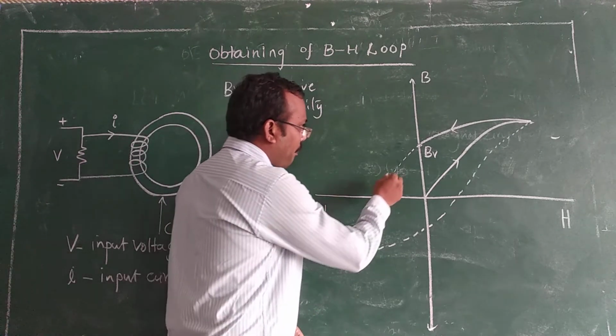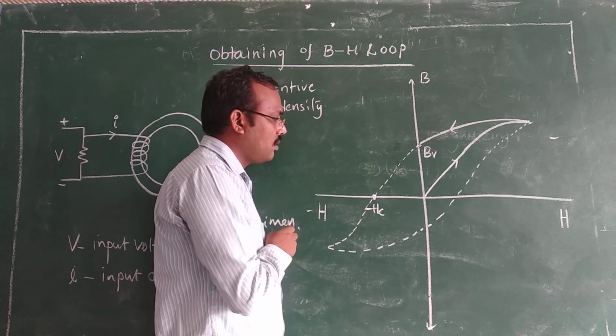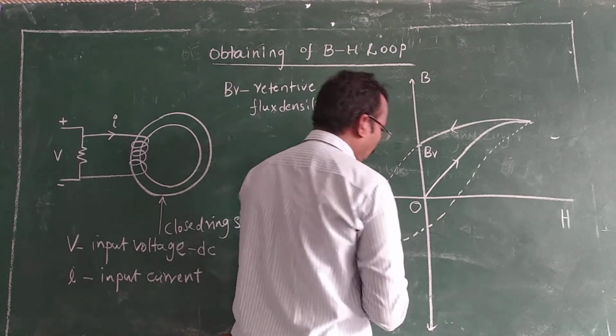So this is one complete cycle of the BH loop. Let's say this is O, the origin point.